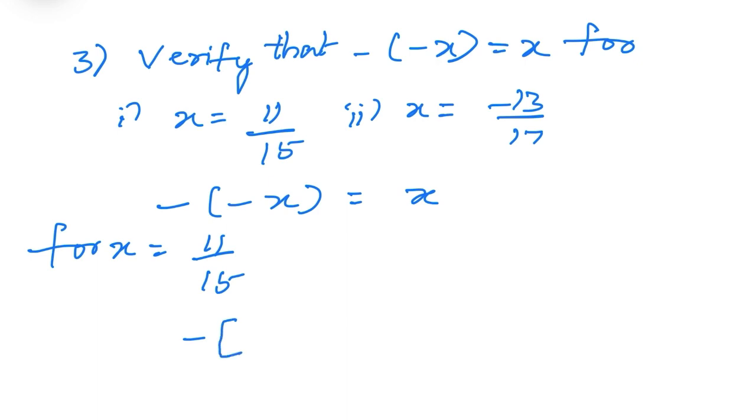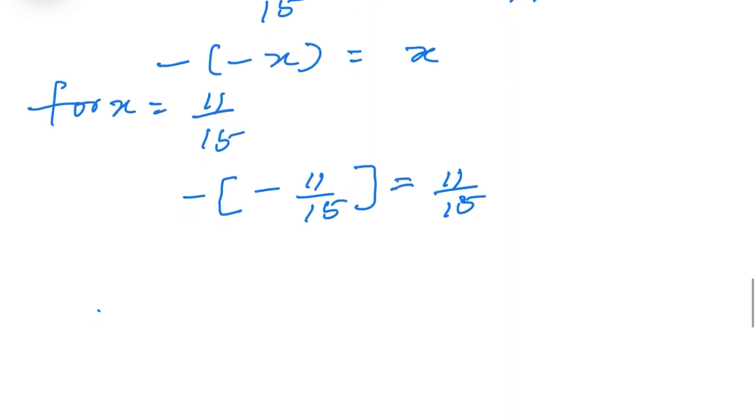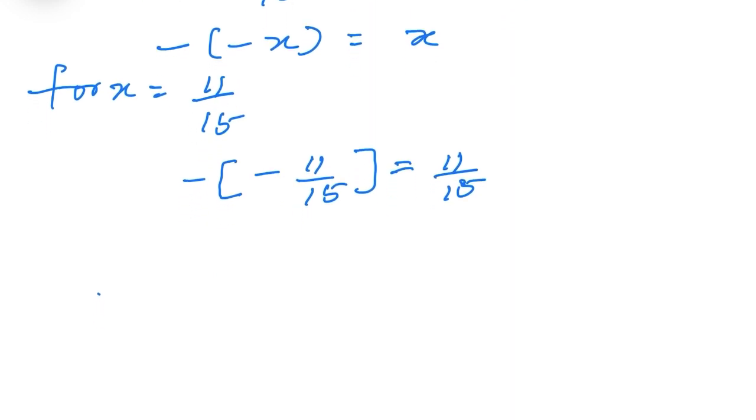Minus of minus 11 by 15 is equal to 11 by 15 it should be. Minus of minus 11 by 15. Minus into minus. In the sign convention we have minus, if into is there, minus into minus, that is equal to plus.